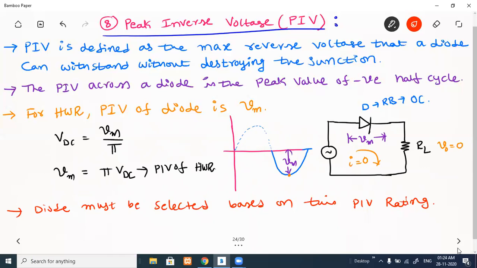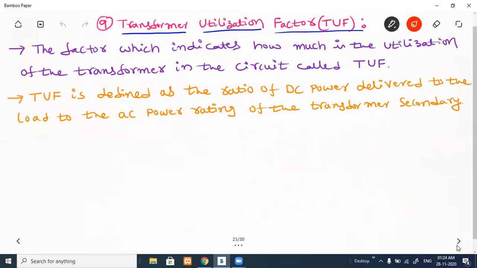Then the ninth characteristic of a rectifier is transformer utilization factor, TUF. The factor which indicates how much is the utilization of transformer in the circuit is called TUF. This TUF is defined as the ratio of DC power delivered to the load to the AC power rating of the transformer secondary.